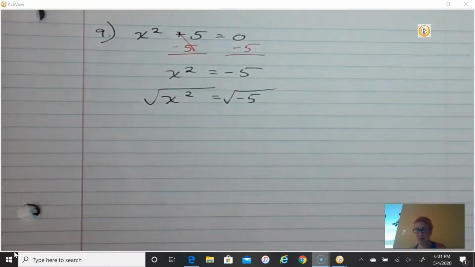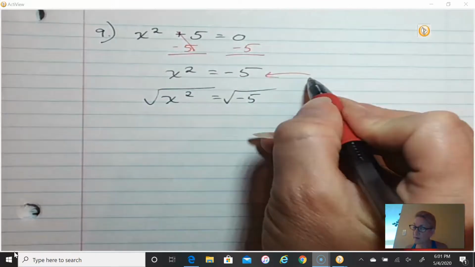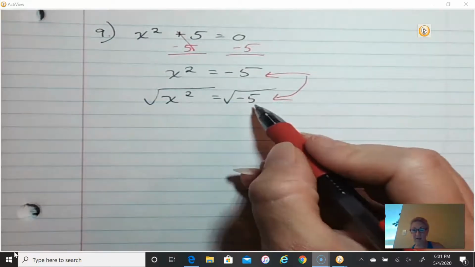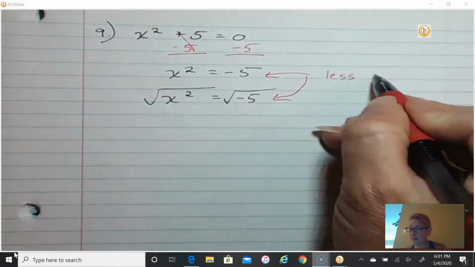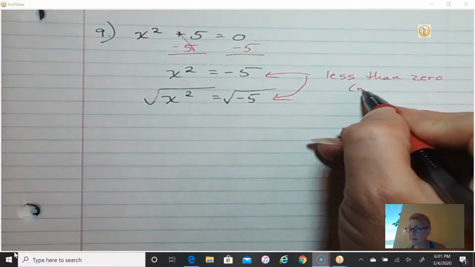But to be honest, we can stop there because guess what? That answer, is it greater than 0, equal to 0, or less than 0? It's a negative number. It is going to be less than 0.